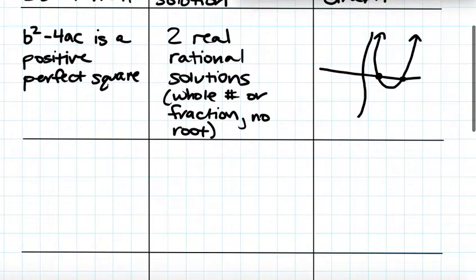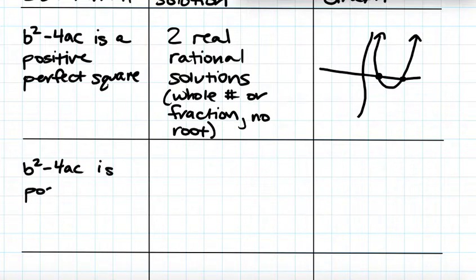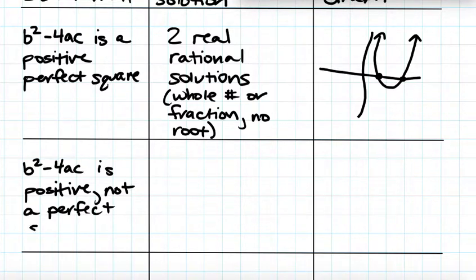So the second possibility is that b squared minus 4ac is positive and not a perfect square. And if that happens, then there are 2 real irrational solutions.